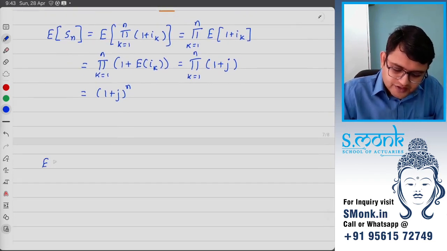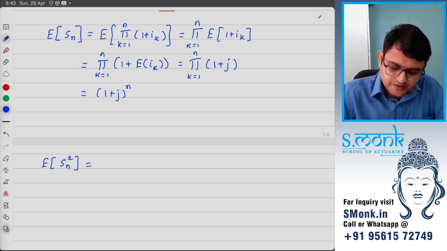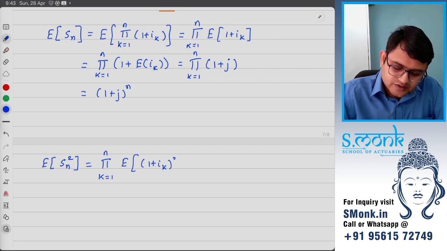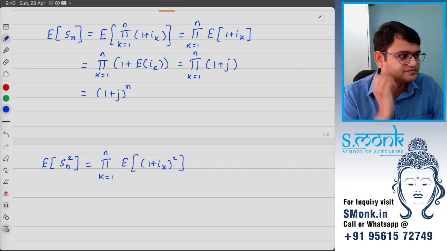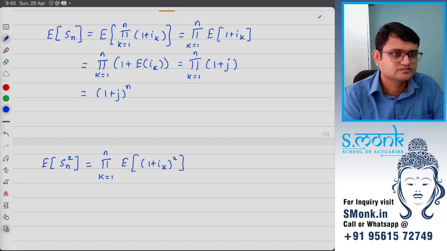Let's find the variance. For that, I'll need the expected value of Sn square. So I can say this is the product, K going from 1 to n, of the expected value of 1 plus IK square. Any problem here?